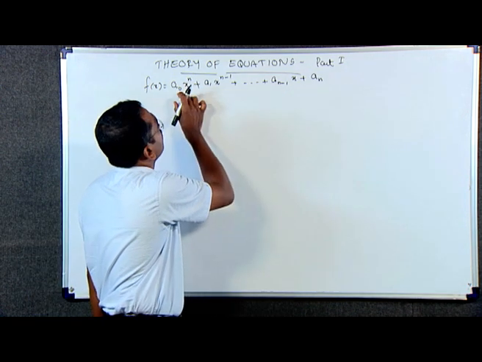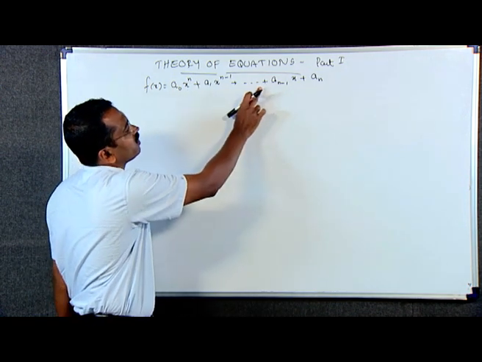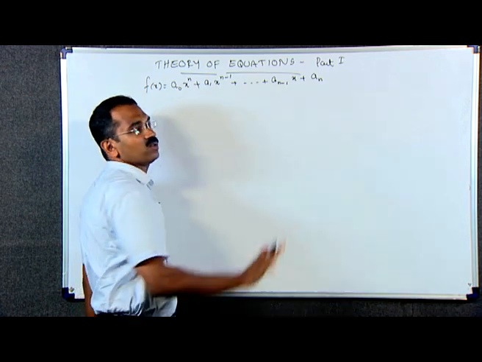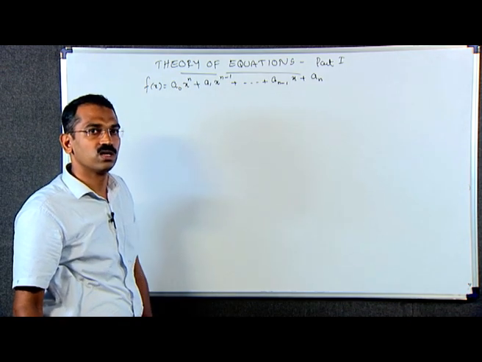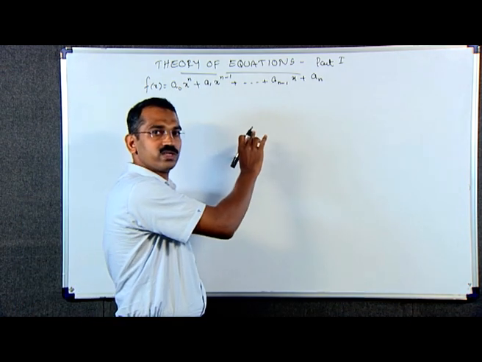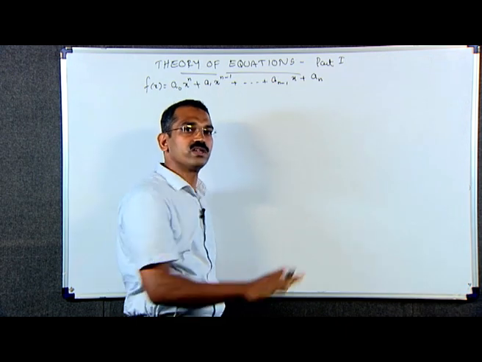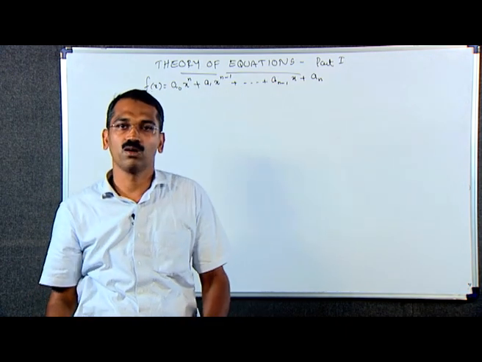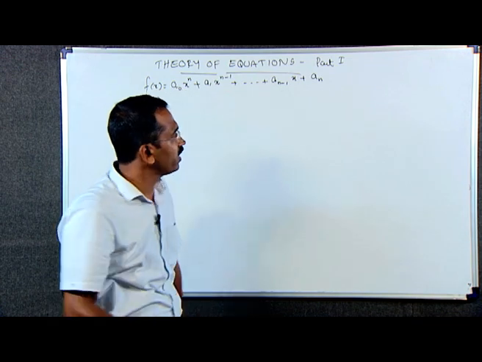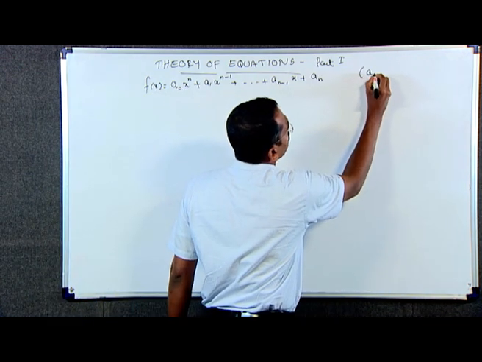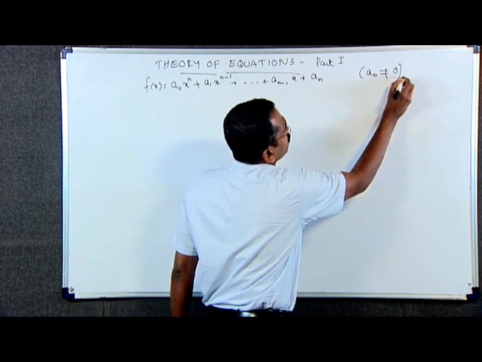This is called a polynomial in x of degree n. Here note that a naught should be not equal to 0.